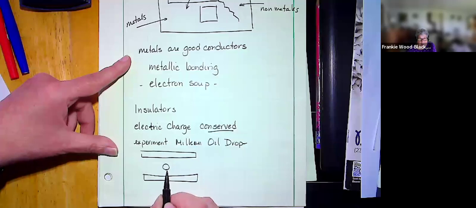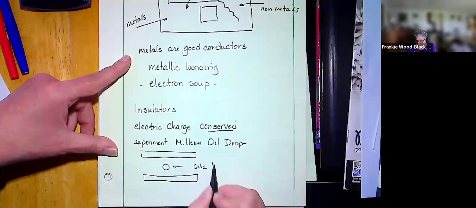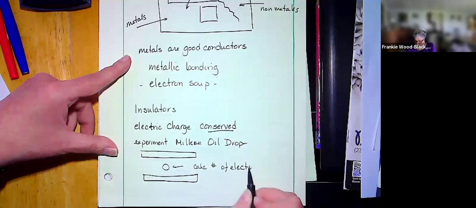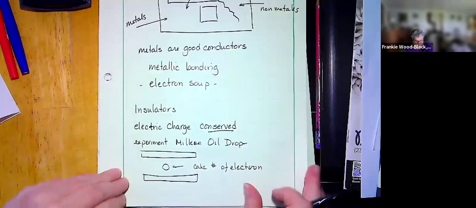So he knew what the weight was, and he could get these to suspend between the fields and calculate the number of electrons on the oil drop that was there to keep the balance. And by calculating that number, he could actually infer what the charge on an electron is.